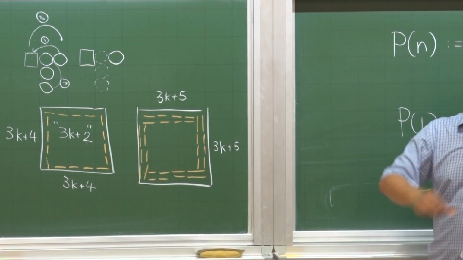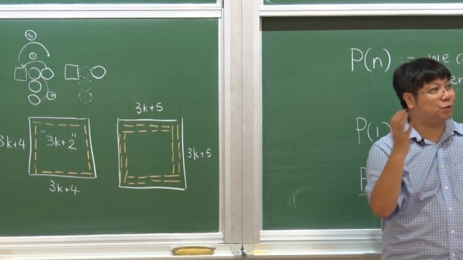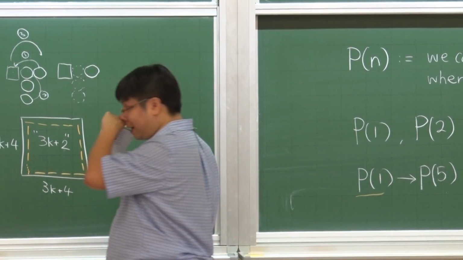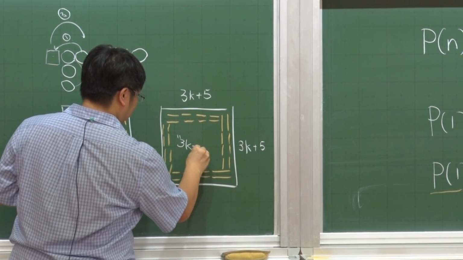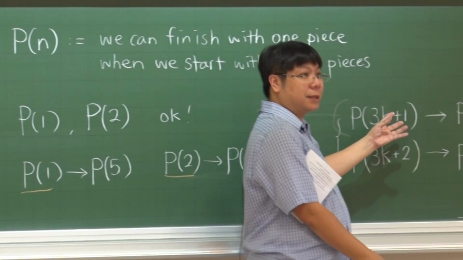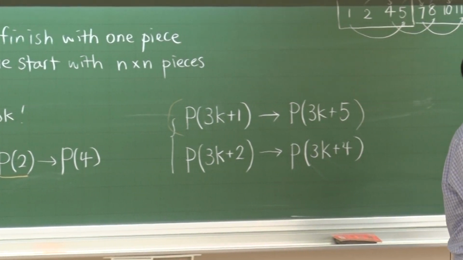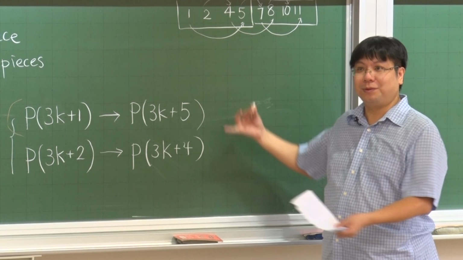Is that okay? So we are removing two circles, 2 peels. Okay, it's like an onion. And then this is a case of 3k plus 1 in the middle. So if 3k plus 1 can be solved, we can solve 3k plus 5. Okay, is that okay? So that's why it's okay.